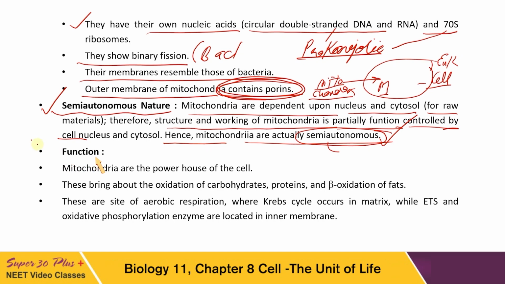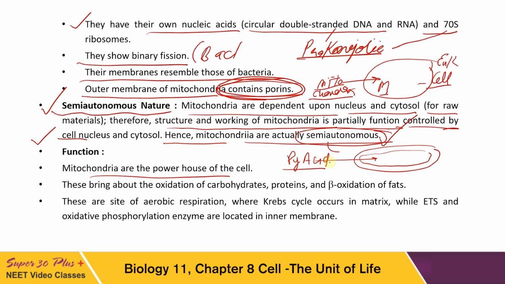Right? Functions of the mitochondria, powerhouse of the cell. I told you, this is mitochondria. Inside mitochondria, what will happen? This is the outer membrane and the inner membrane. Pyruvic acid, aerobic respiration, you have to study. Pyruvic acid as a result of glycolysis will enter into the mitochondrial matrix.